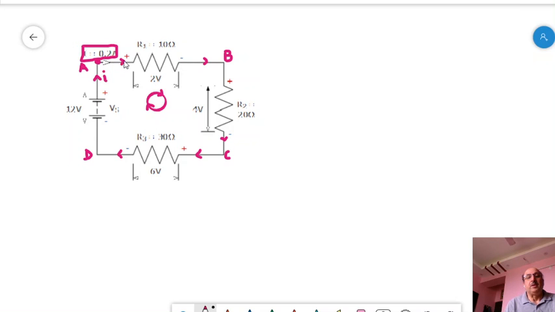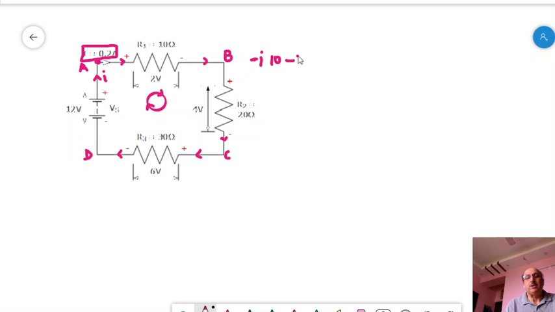So the voltage across R1 is I into 10, and the sign is negative because we are coming from higher voltage to lower voltage end. We are moving in the loop clockwise.